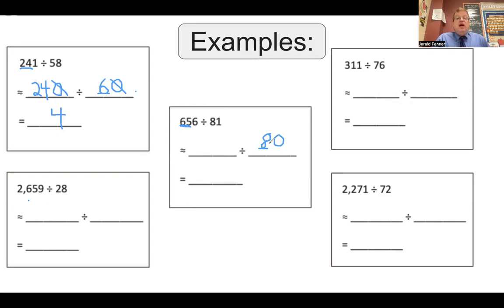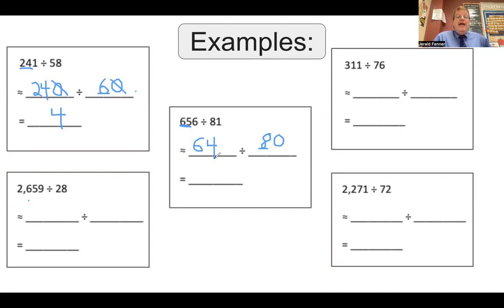What multiple of 8 is close to 65? Now, this is where it's really important that you know your multiples. If you think about your 7th multiple, that would be 56. Well, that's not close enough. How about our 8th multiple? Our 8th multiple is 64.